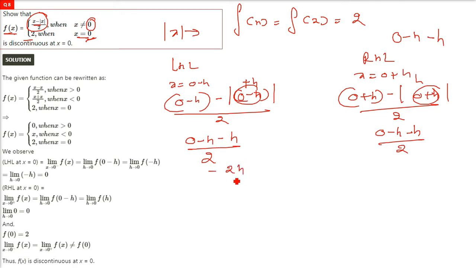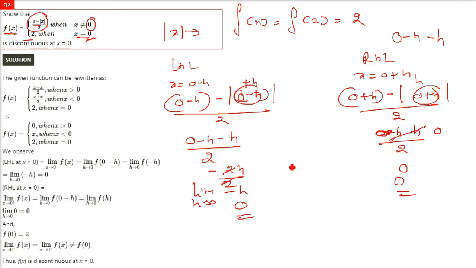Left hand side, minus 2h by 2 is going to be h minus h, that is 0. And 0 by 2 is 0 only. So you get a 0 by itself here. And when you apply the limit, because h tends to 0, it will be 0 only. So 0 on the left hand side and right hand side, that is, left hand limit and right hand limit are equal.